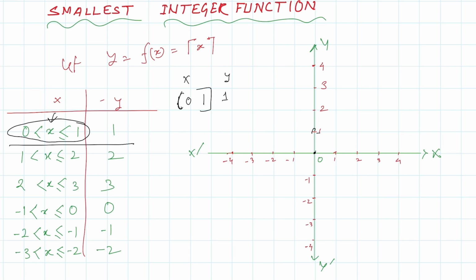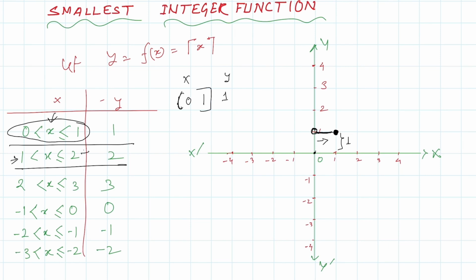So we have to move one division upward, and along the x-axis, 1 is included. We have to make a circle and it should be darkened like this, and here 0 is not included. For this interval the value of y is equal to 1. That's how we have to draw this one.